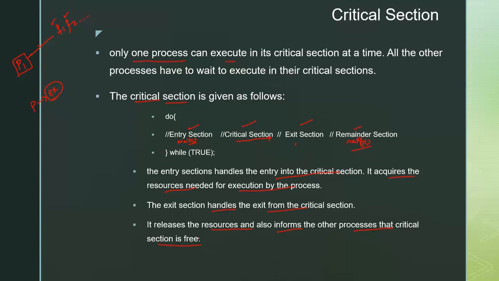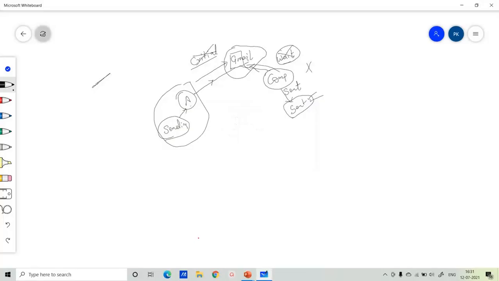When you are using one software, like MS Word, your keyboard will be under the control of MS Word. Once you switch from MS Word to another application, your keyboard will go to the control of the other software. So if you have some set of instructions that has to be executed and cannot be interrupted until its completion, that is done with the help of the critical section.